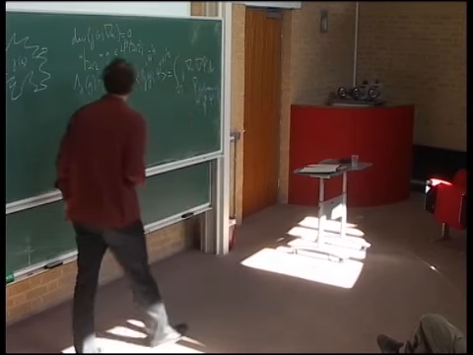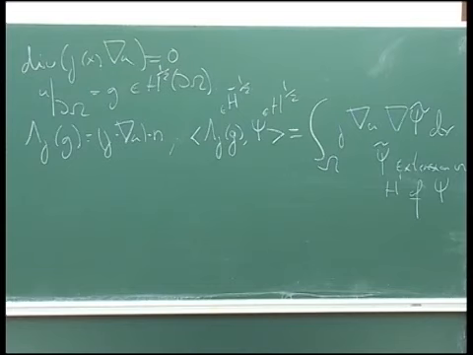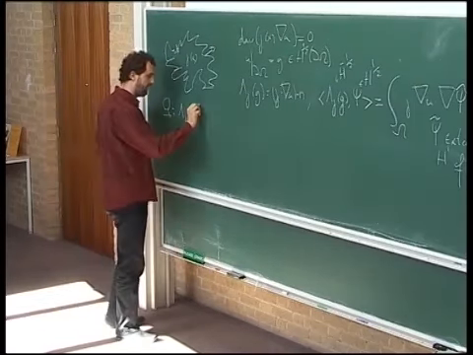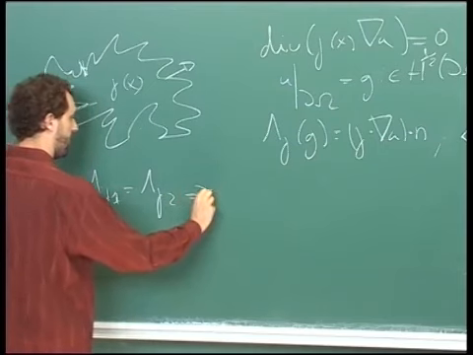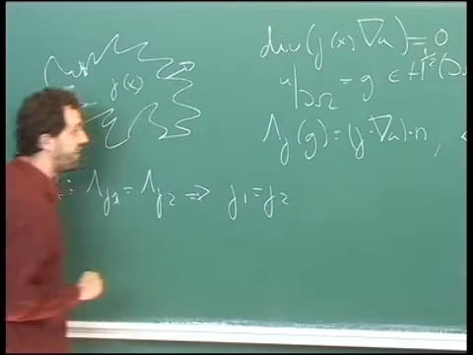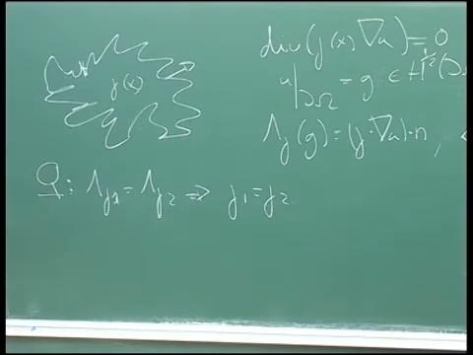Okay, and then the question is the following. Suppose I have 2 different conductivities, and these 2 Dirichlet to Neumann maps agree. Whether it's true that the 2 conductivities would be the same. Okay.